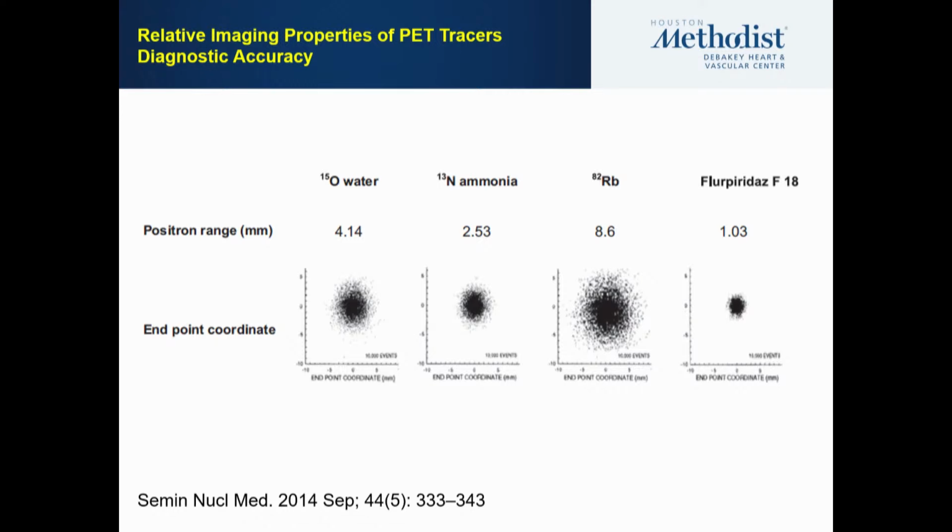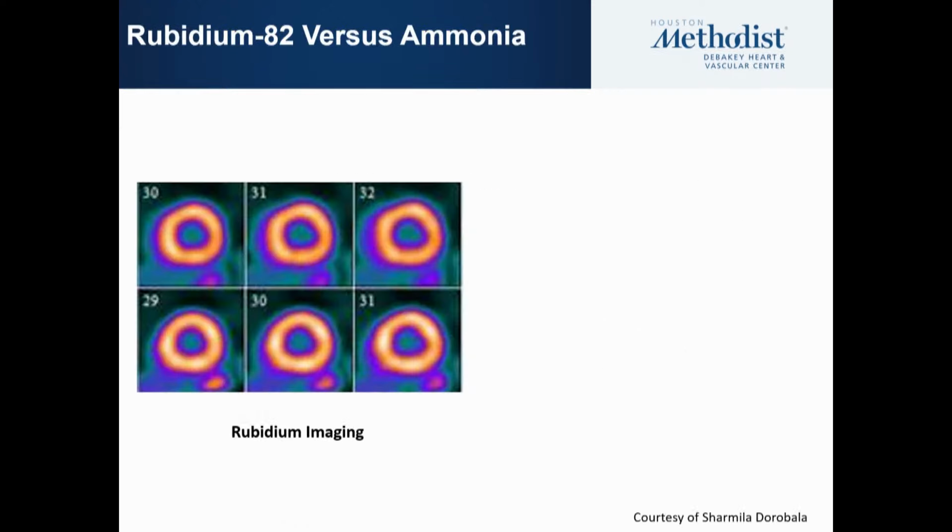Rubidium travels a lot before it annihilates, so you end up with slightly blurrier images, although newer machines may accommodate a little bit for that. And ammonia is a little bit less blurry, with a better positron range.